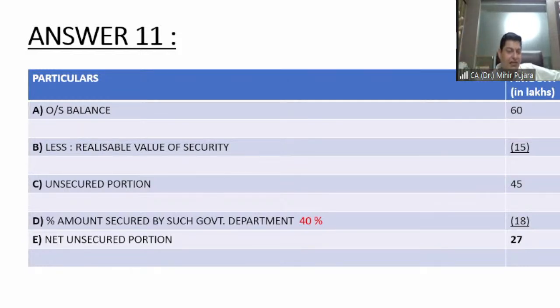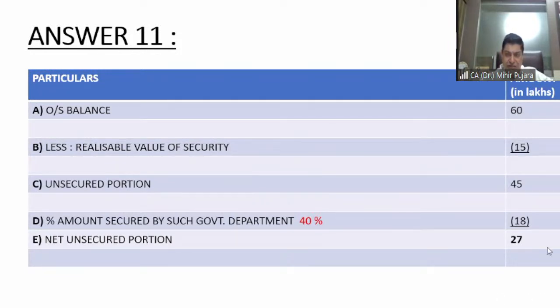So now, guys, we need to find out the amount of provision, and the amount of provision will be on B separately, on E separately. So on this 15 separately, on this 27 separately. As I told you when we referred to the calculation part.